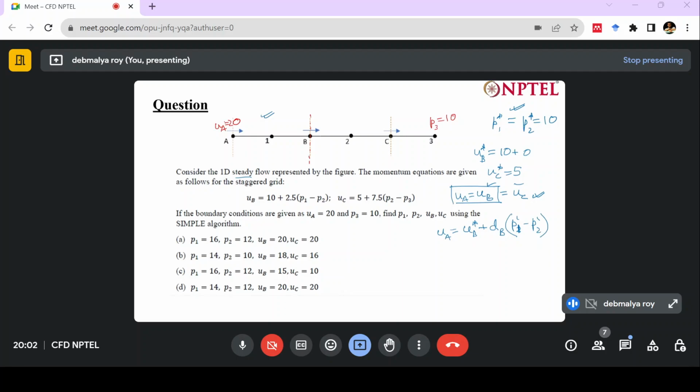So dB we know. What is dB? dB is 2.5. We get it from the momentum equation. UB star we know. UB star is how much? UB star is 10. How much is UA? UA is 20. So dB is 2.5, and we have values for P1 dash minus P2 dash.